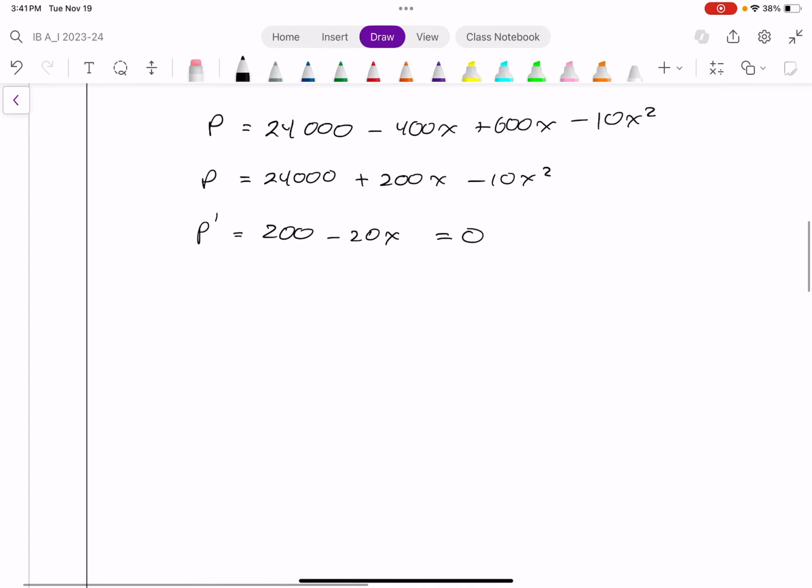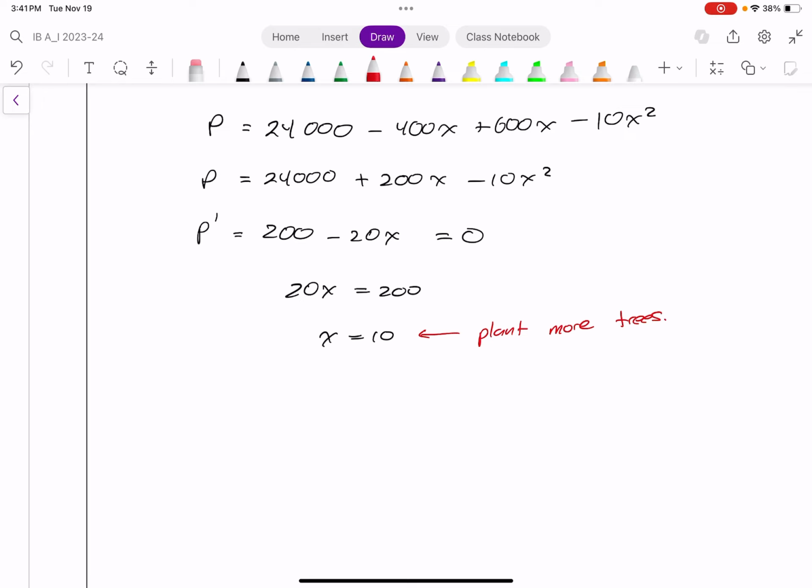I have a very simple derivative here. If I make it equal 0, I get 20x equals 200, which means x equals 10. There's only one solution to this, which means if I plant 10 more trees, we should maximize our number of apples.